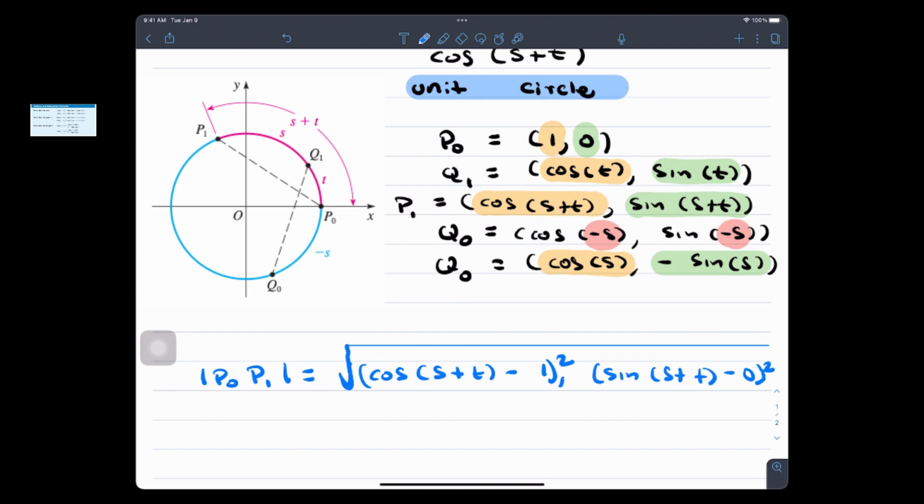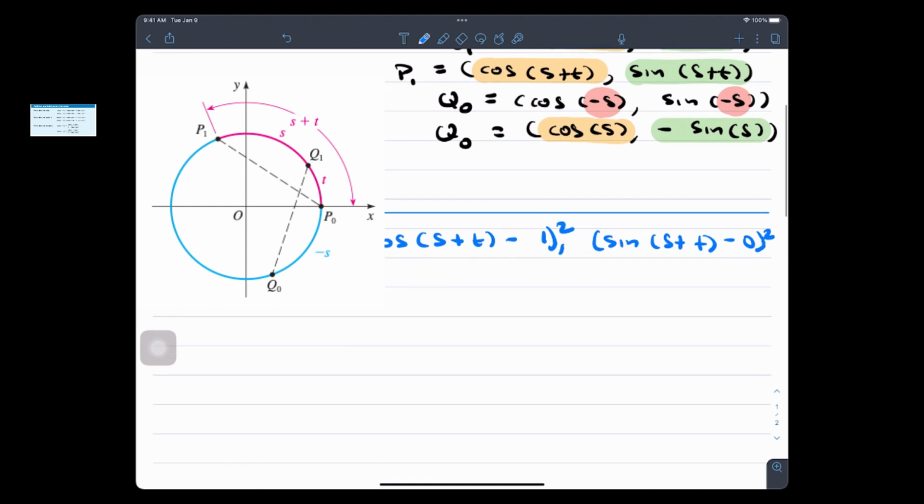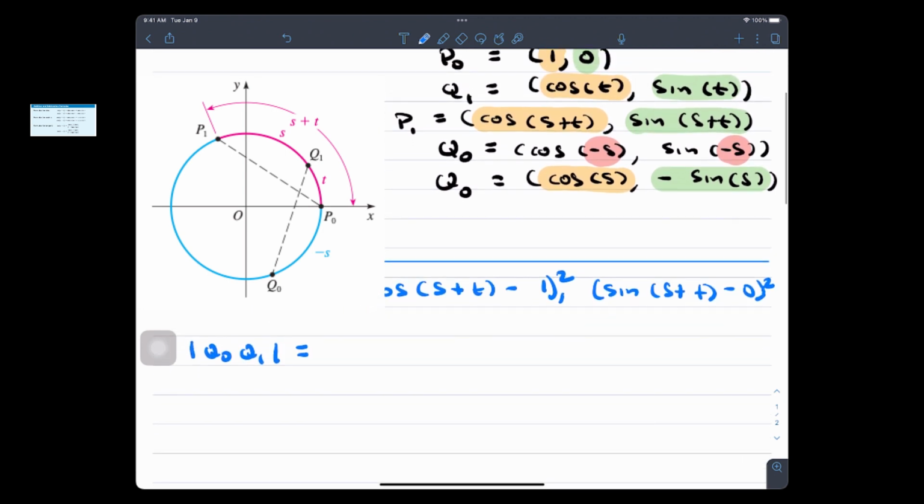So the distance from P naught to P1, and now the distance from Q naught to Q1. There's the distance formula. We take the square root, cosine, now this would be cosine of t minus cosine of s. We're going to square that.